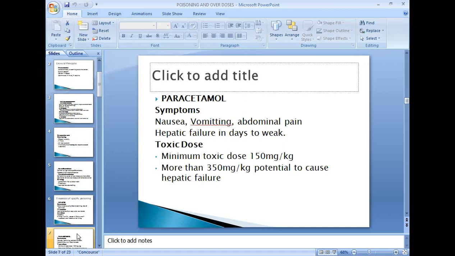Paracetamol can also be fatal in case of higher doses. The symptoms are GI symptoms including nausea, vomiting, abdominal pain, but it can also lead towards hepatic failure in days to weeks. The minimum toxic dose of paracetamol is 150 mg per kg, and hepatic failure can result when 350 mg per kg of paracetamol is ingested.